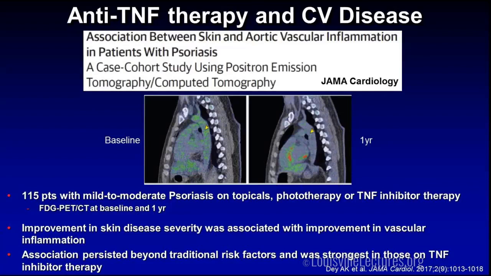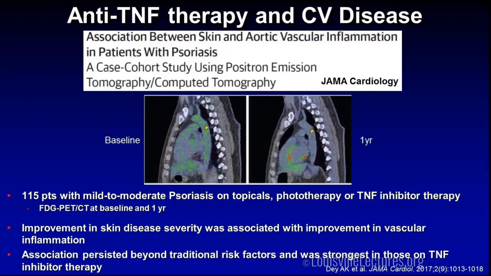This is a study by Nehal Mehta and his colleagues. So here, what they did was they looked at 115 patients with mild to moderate psoriasis, and they did FDG PET-CT scans at baseline, and 1 year after patients were on a variety of medicines, from topical medicines to phototherapy to TNF inhibitor therapy. And they showed that any improvement in skin disease was associated with some improvement in vascular inflammation.